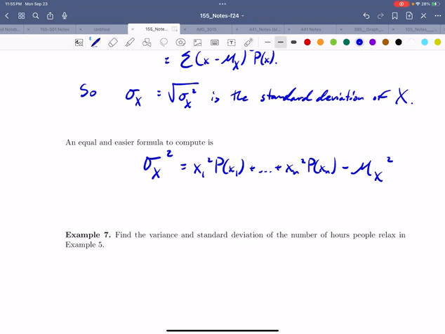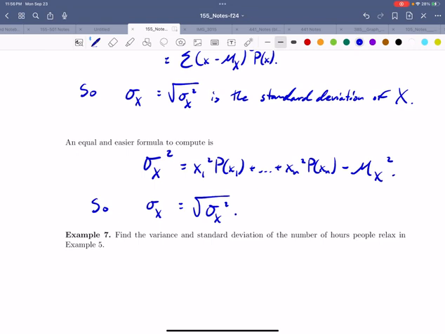And so sigma of big X equals just the square root of all that. Okay. So let's find the variance and standard deviation.